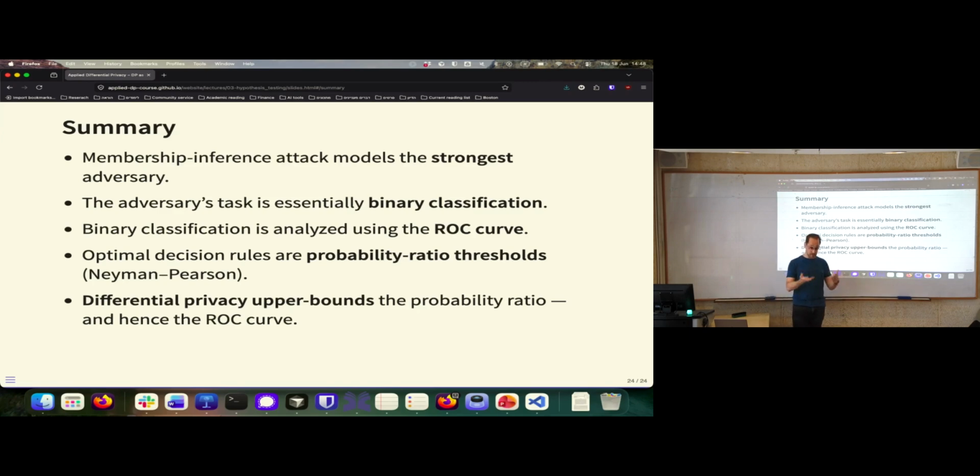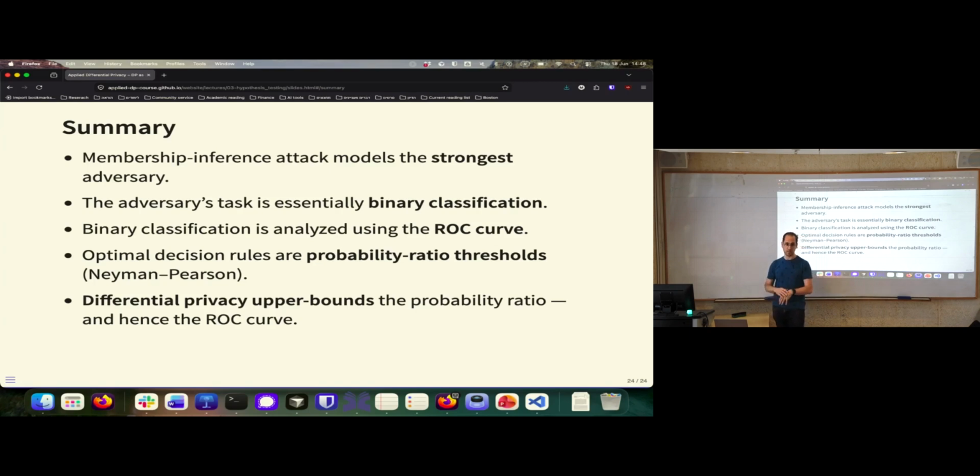The optimal decision rule is a function of the log probability ratio, and in fact it's a threshold on the log probability ratio. So differential privacy, which bounds the probability of the event that the ratio will be below something or above something, is effectively an upper bound on this ROC curve.